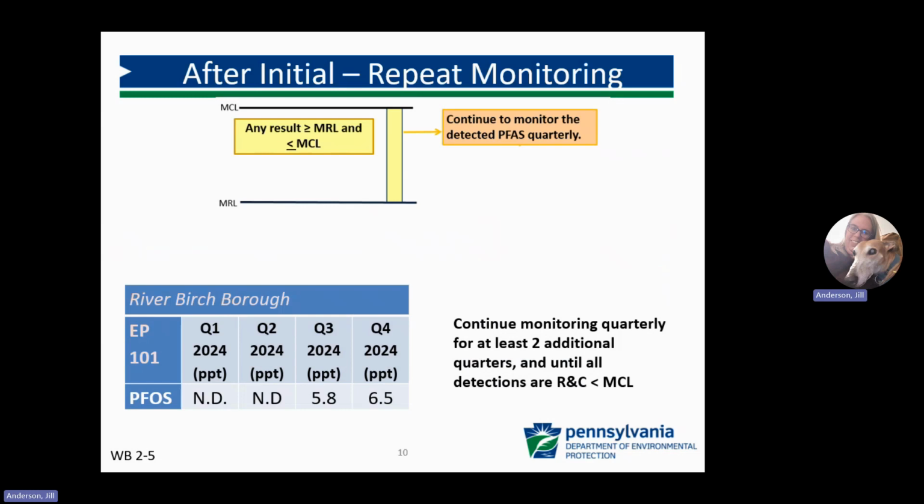Since the detection first occurred in the 3rd quarter, they have 2 quarterly results that are reliably and consistently less than the MCL in quarters 3 and 4 of 2024, and they need at least 2 additional quarters.